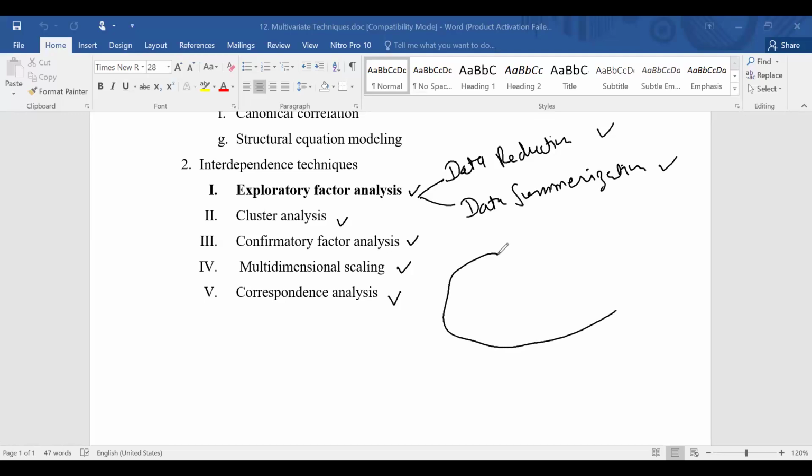So a large number of people visit the shopping mall. Is it clear? So all the people are different from one another. So we can say there is heterogeneity in the data set.